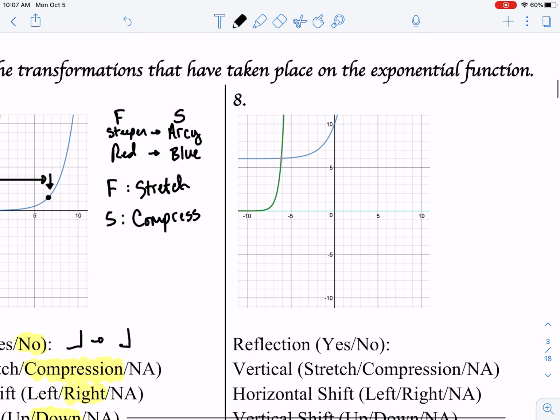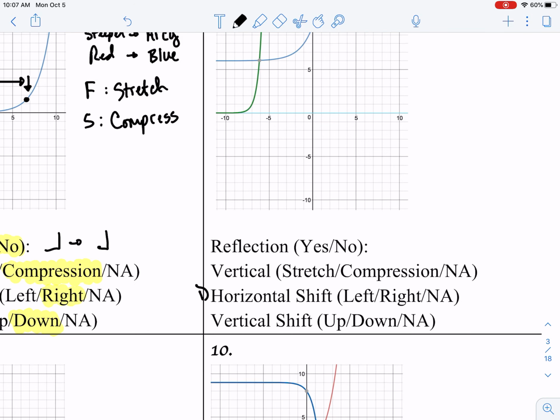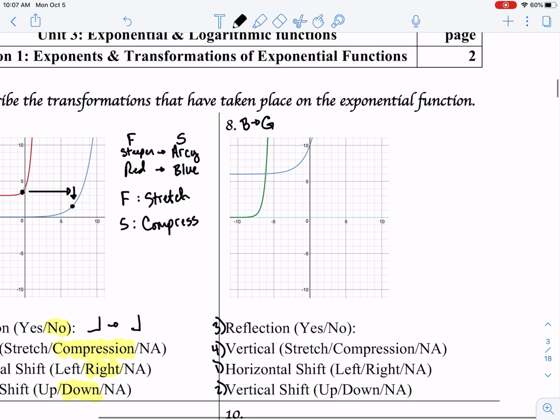And in number 8, I'll go from blue to green. Again, starting out with my shifts to reflections to stretches. Again, just get close.